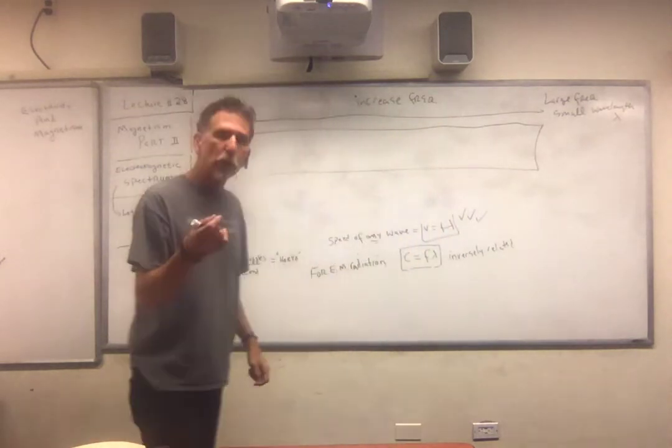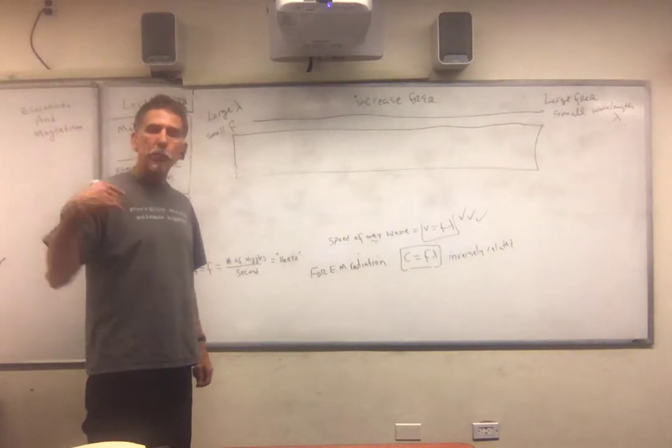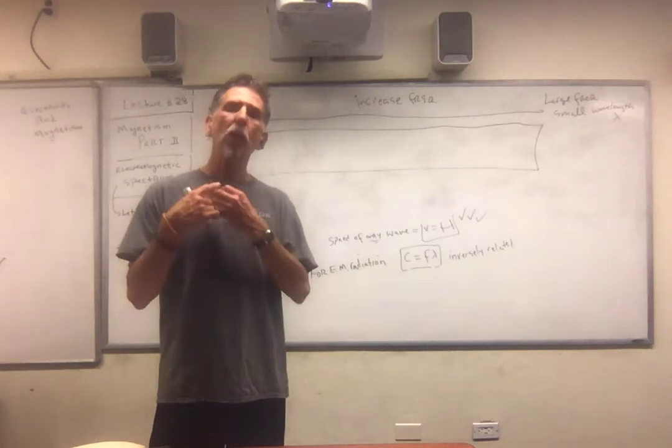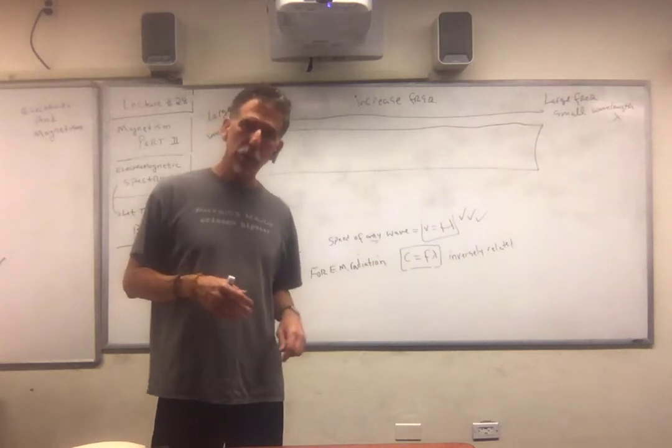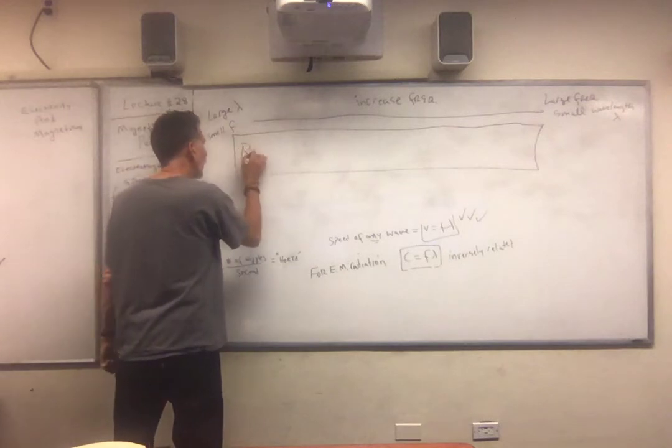So if I take an electric charge and wiggle it, remember, I produce wiggling electric fields and wiggling magnetic fields. So I'm producing wiggling electromagnetic fields. If I wiggle it the slowest I can, these are called radio waves.